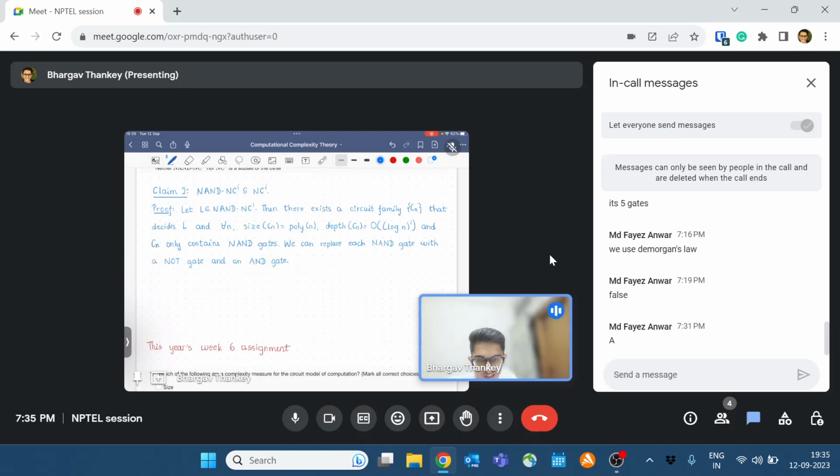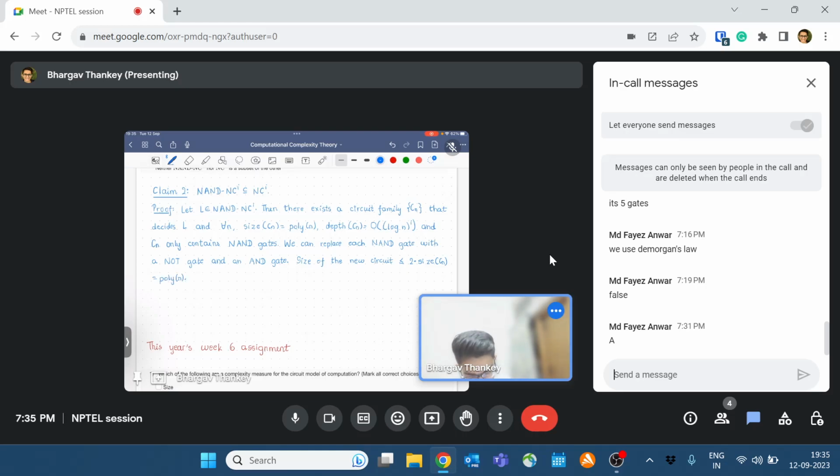So what would be the size of this new circuit? In this change, I'm replacing one NAND gate with two gates. So the size of the new circuit is at most two times the size of C_n, which is poly(n) squared.